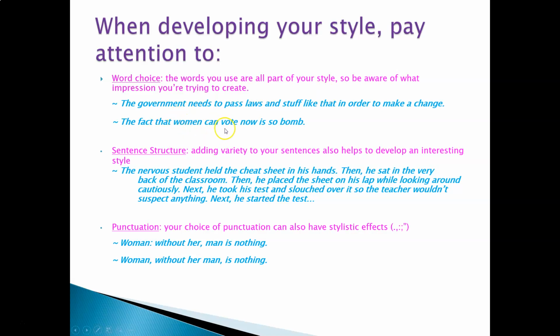The fact that women can vote now is so bomb. Now notice that you can also use slang language, words that are used in conversation, but generally, they are not used in writing. So your word choice is important. It's going to create a certain impression in the reader's mind as they read your work.